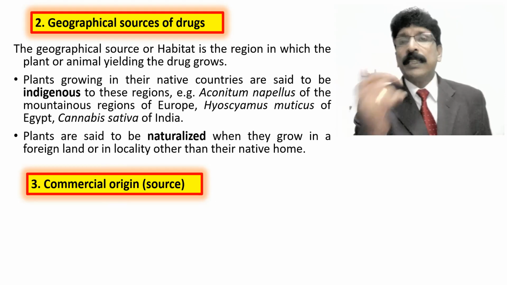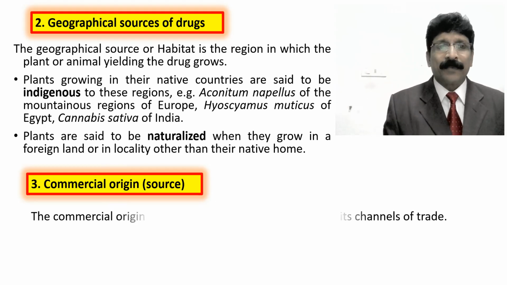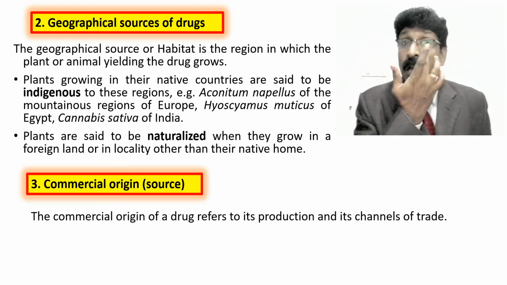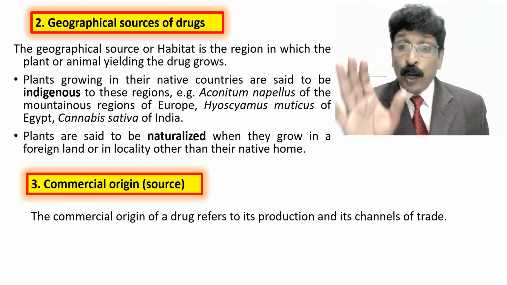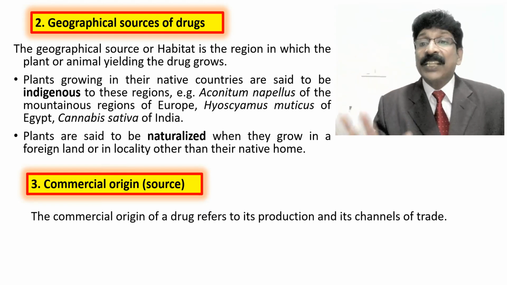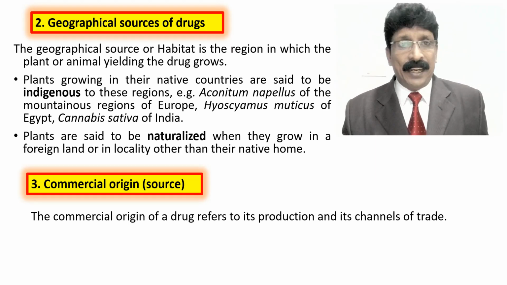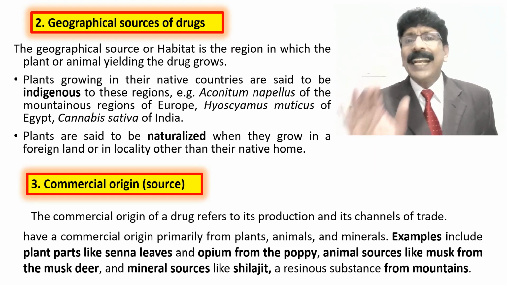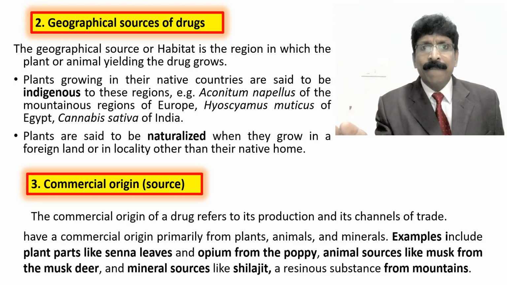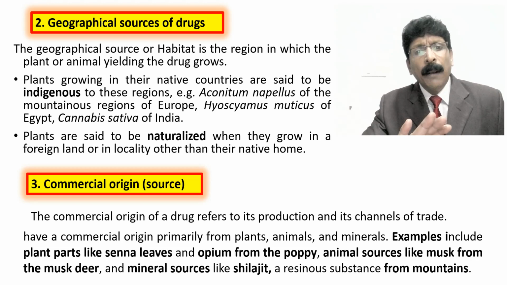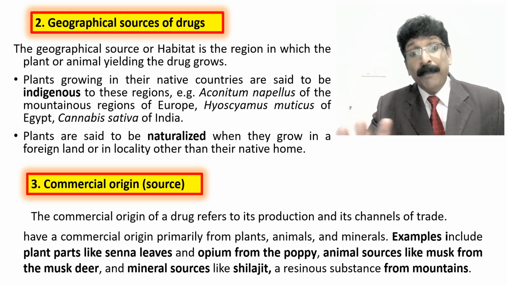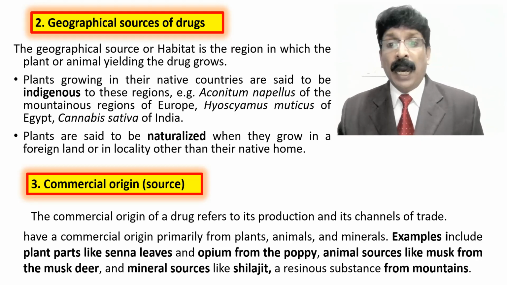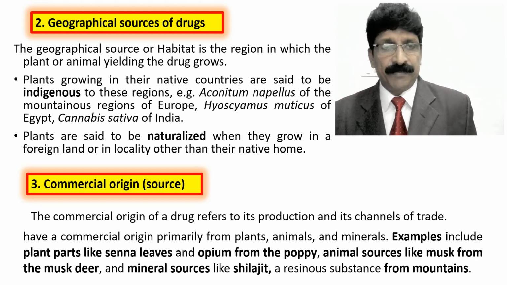Commercial origin is the third source. The commercial origin of a drug refers to its production and its channel of trade. When you say commercial origin, it is primarily from plants, animals and minerals.